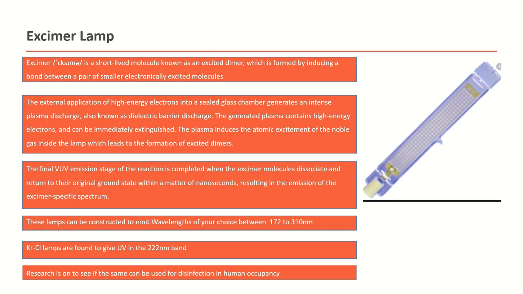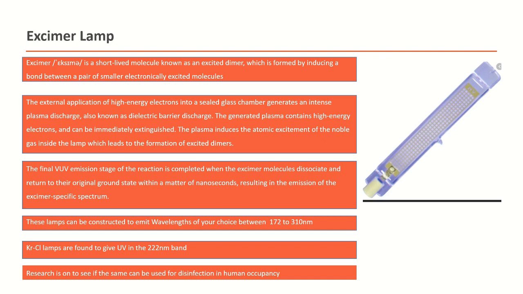This produces plasma in the gas chamber, and this can be immediately extinguished. And when it is extinguished, when these excited molecules start coming back to their original position, they emit various types of electromagnetic radiation.